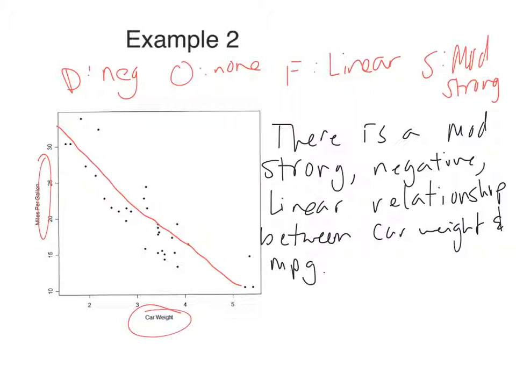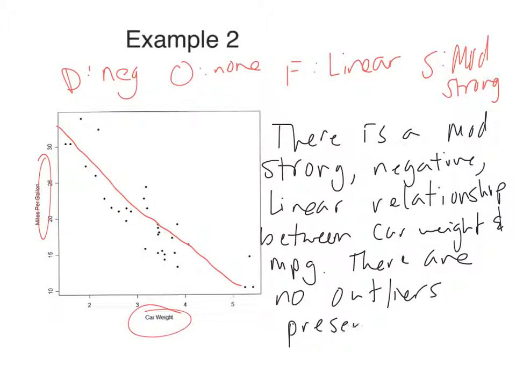And then I would say there are no outliers. Or there are no outliers present. Or you could say there's no apparent outliers.